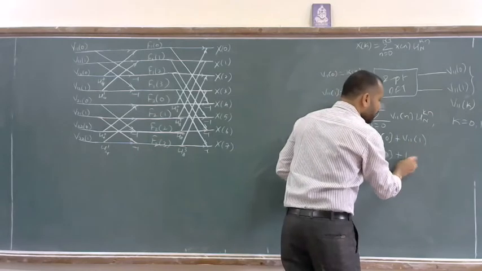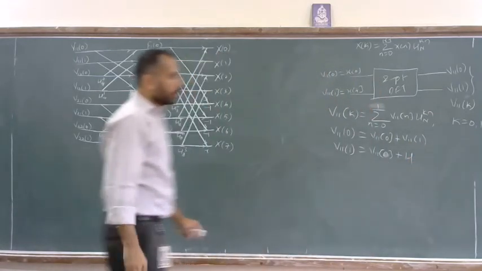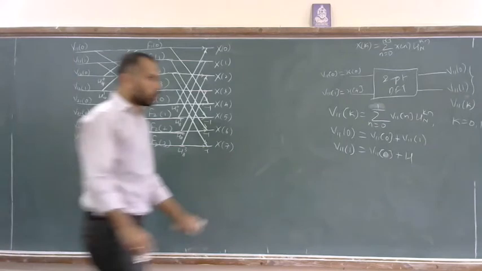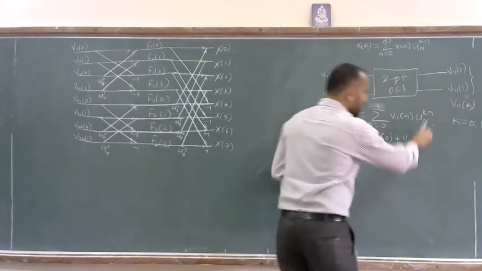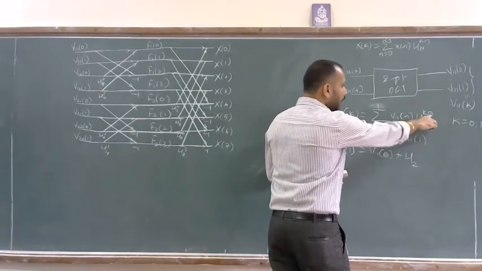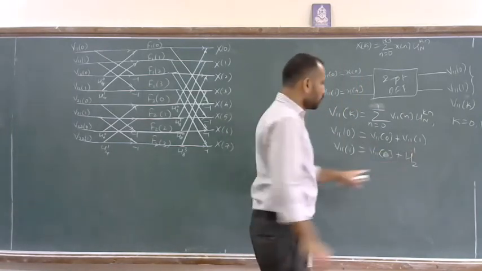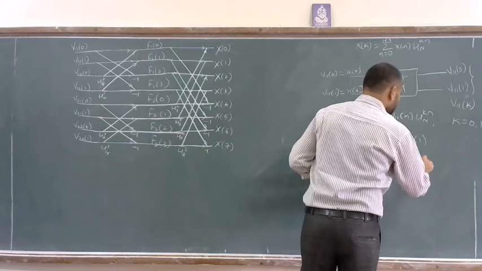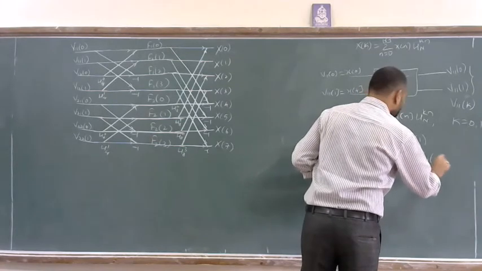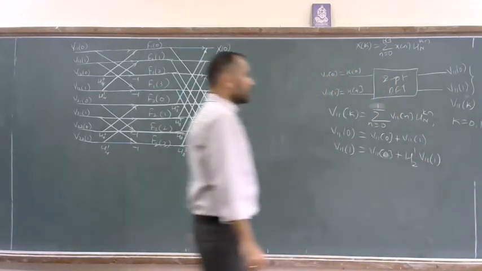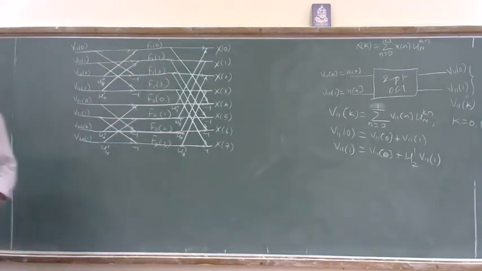But the second twiddle factor will be W2, where both n and k are 1. So we will have W2 to the power 1 multiplied by V11 of 1. Is this okay?